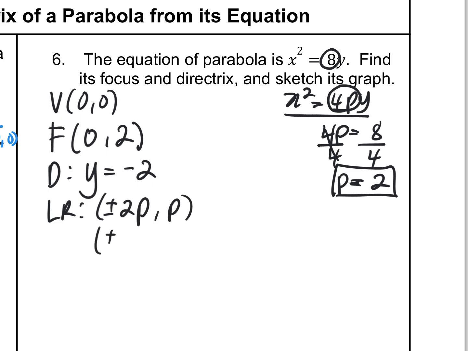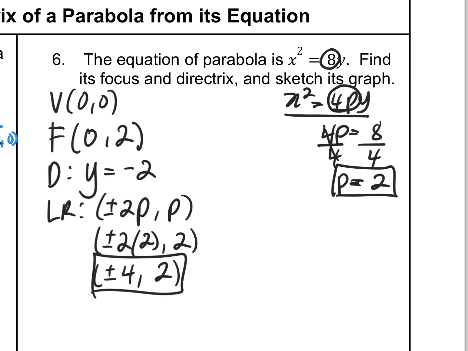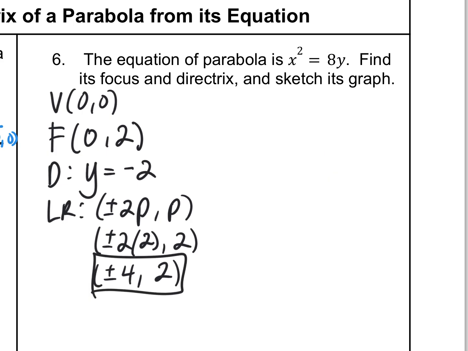Therefore, this is going to give me plus or minus 2 times 2 and then 2. Simplifying further, that's going to give me 4 and then 2. So this is the latus rectum. So let's sketch the graph now. Okay, it's just a sketch. It's not really very accurate, but at least we can see how it looks like.